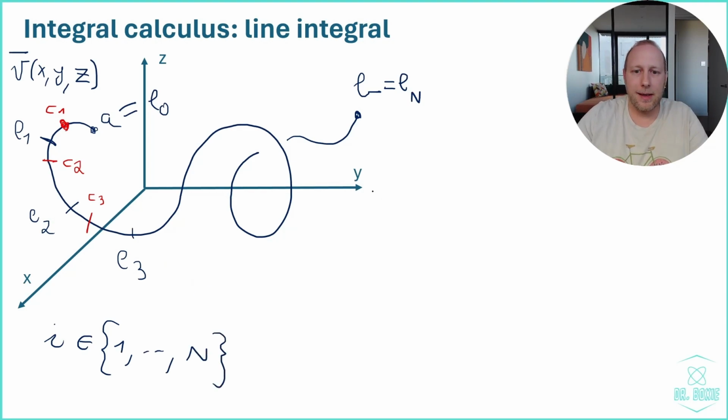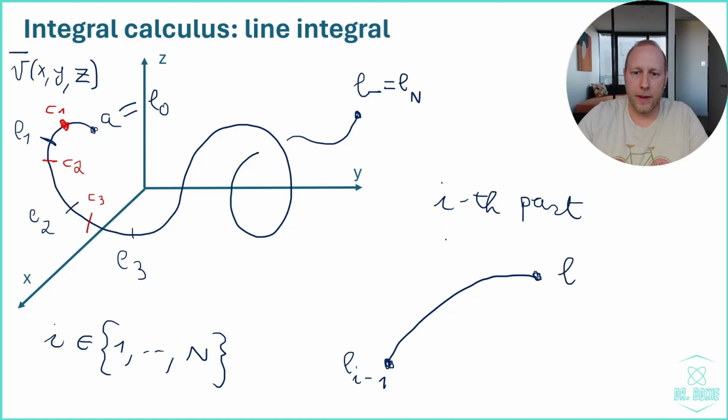If we look at the ith part, it looks something like this, where this point is Li minus 1, this point is Li, and within that part of the curve we chose some point, let's say this one here, which we called Ci.